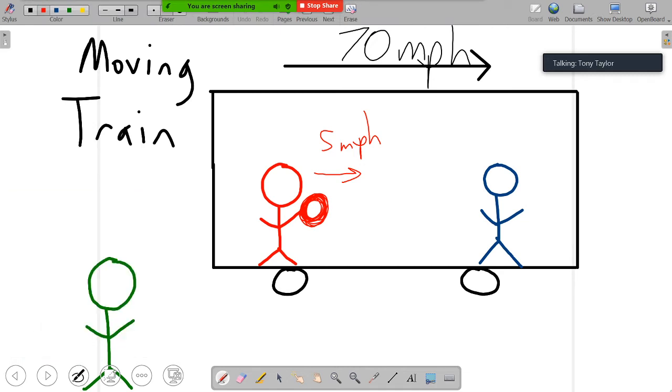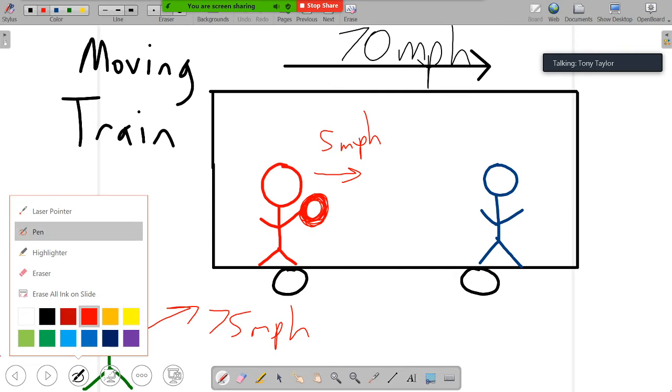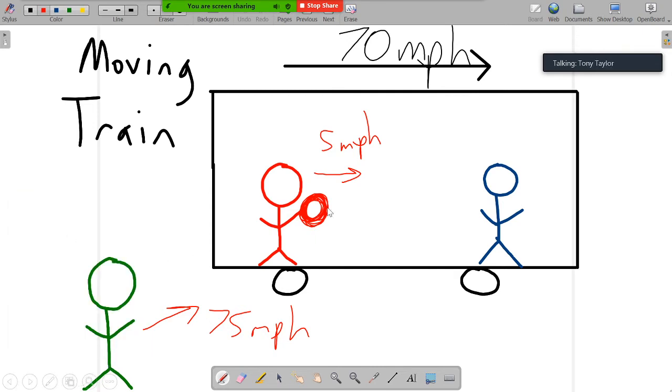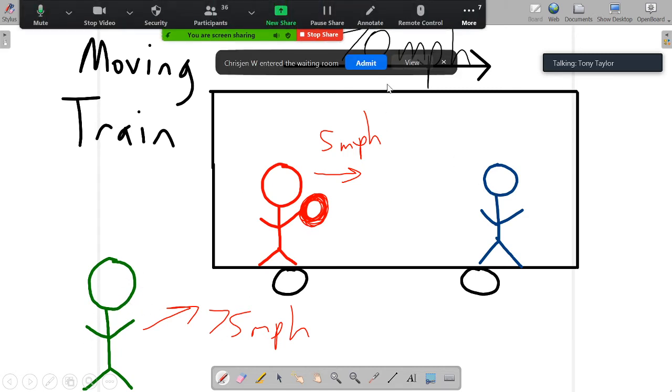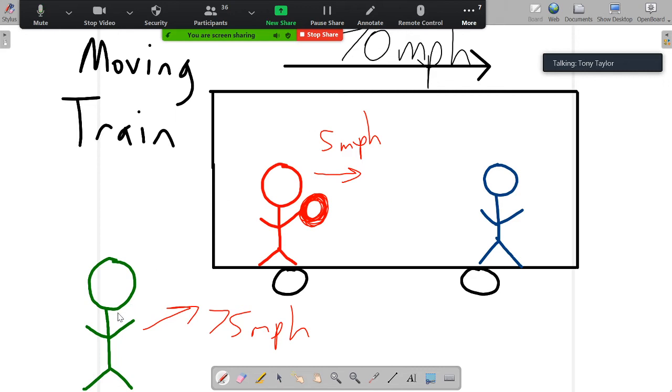So when this person looks at that ball, he says, "Oh, that ball is moving at 75 miles per hour." And guys, think about why that is. Because again, he sees the train moving. They're just standing on the train, and so from his perspective, if this ball is coming at him at 5 miles per hour, that means this person must see the ball moving at 75 miles per hour, because remember, he's outside the train.